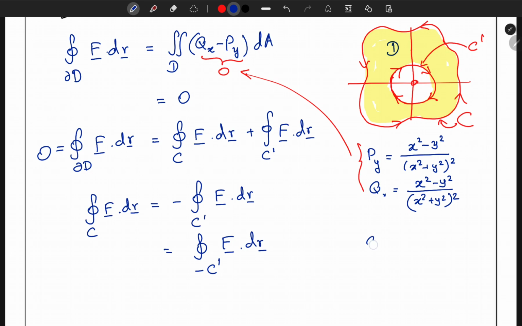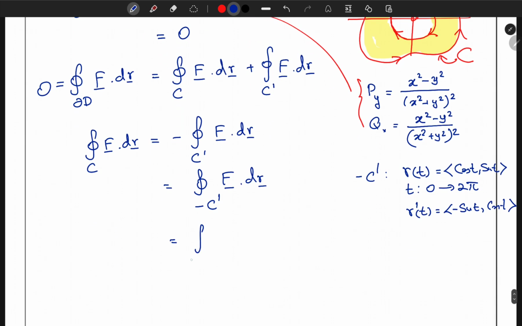So C prime is the unit circle, so I can parameterize it using cosine t, sine t, so negative C prime is cosine t, sine t, t going from 0 to 2 pi, where r prime of t is negative sine t, cosine t.